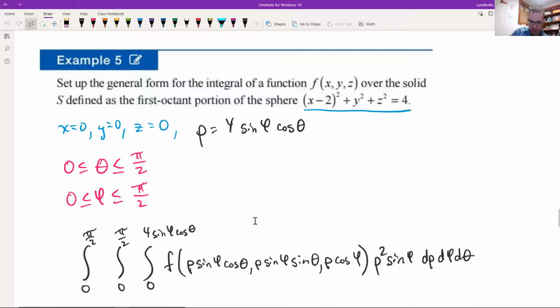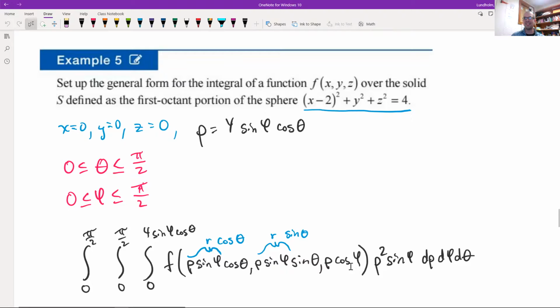X is still equal to r cosine theta, but remember, in the spherical coordinate system, r is rho sine phi. And again, the y coordinate would be r sine theta, like we're used to seeing, but r is rho sine phi.